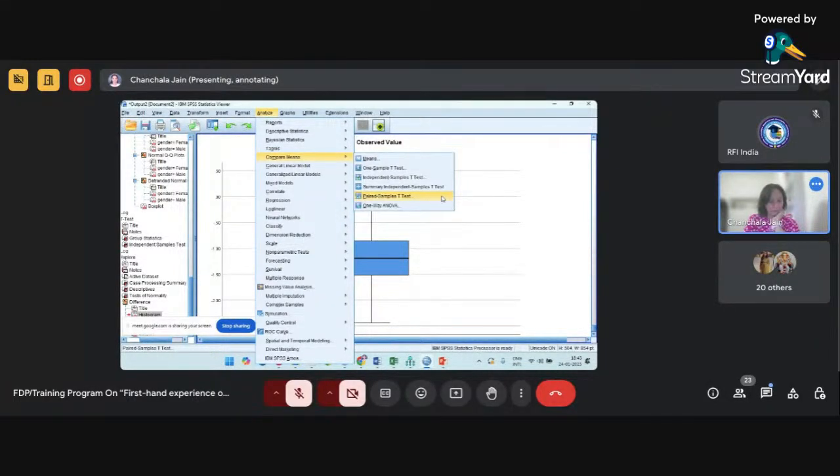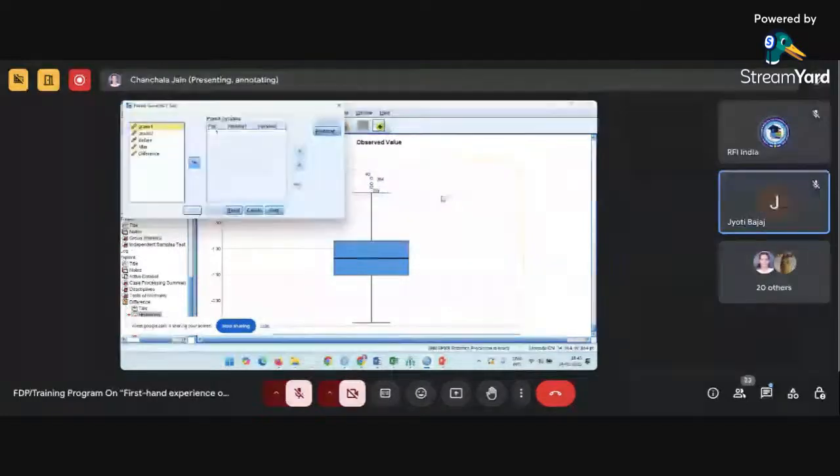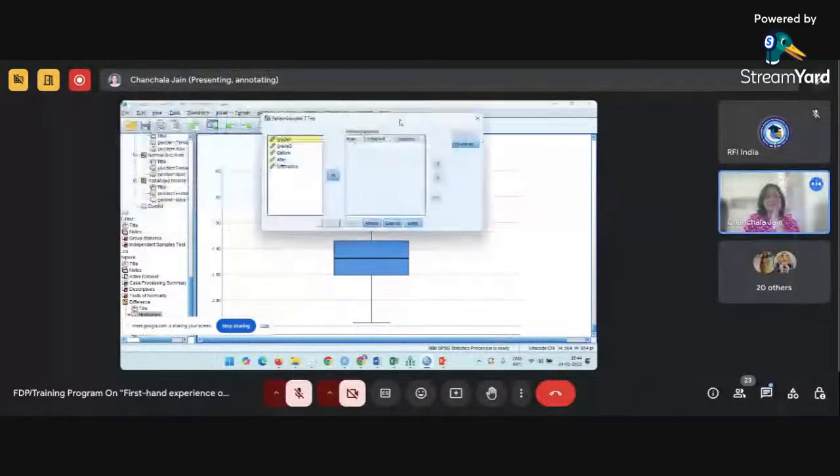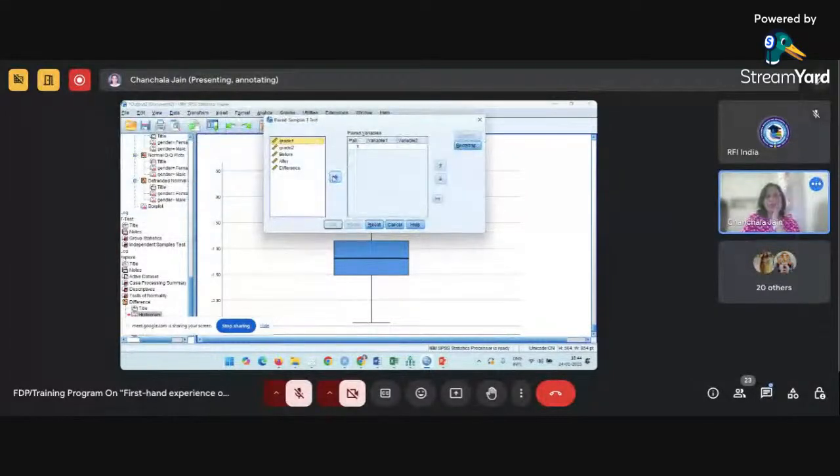Done? Yes, ma'am. Now I'm shifting grade 1 using this arrow key into variable 1 and grade 2 into variable 2.